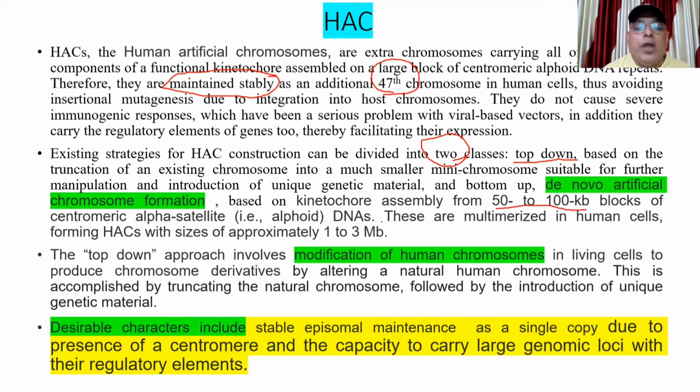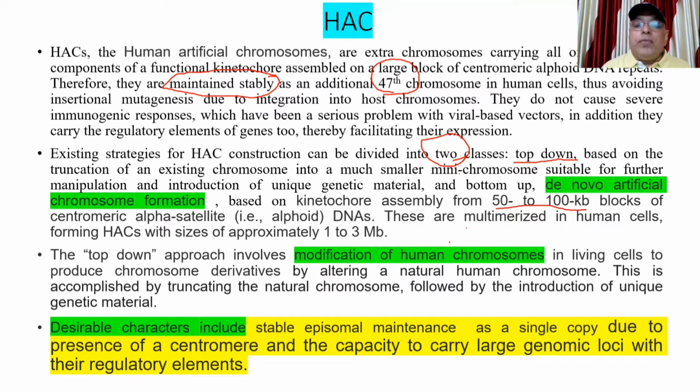So these DNAs form the core around which the centromere will develop, and to this centromere, the kinetochore will get attached. These are multimerized. When we introduce this long alpha satellite DNA, it will be multimerized in humans to a size of approximately 1 to 3 MB.